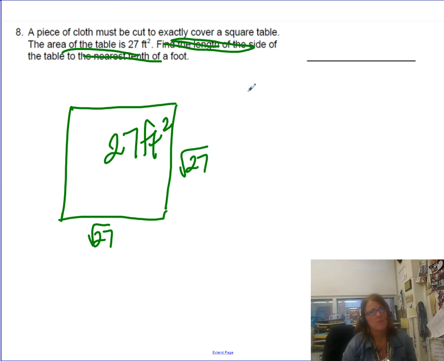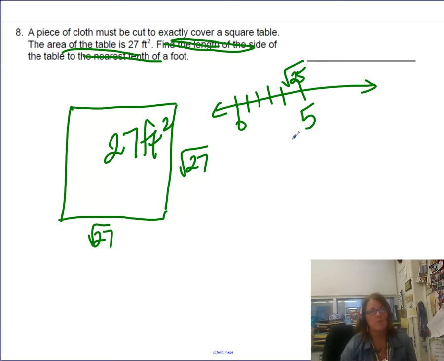Okay, so I am just horrible today. I'm apologizing. 1, 2, 3, 4. Okay, so here's 5, and 5 is the same as the square root of 25. Here's 6, which is the same as the square root of 36. The square root of 27 is in between here, and the big question is, what is it closer to?